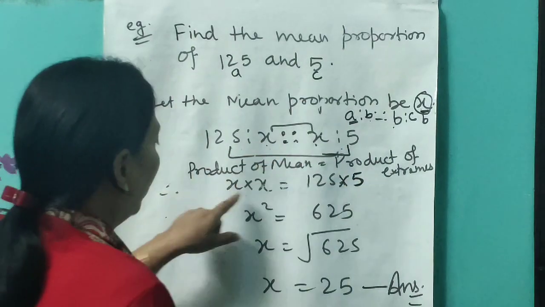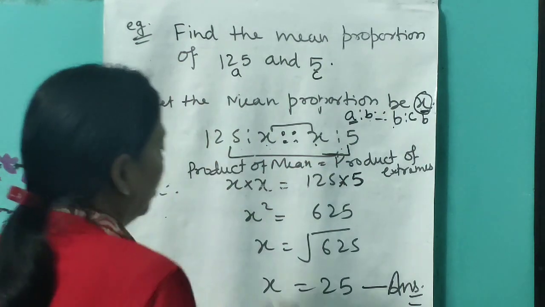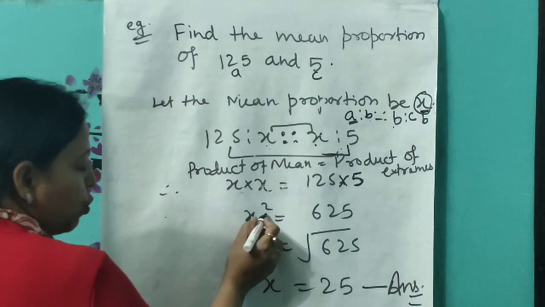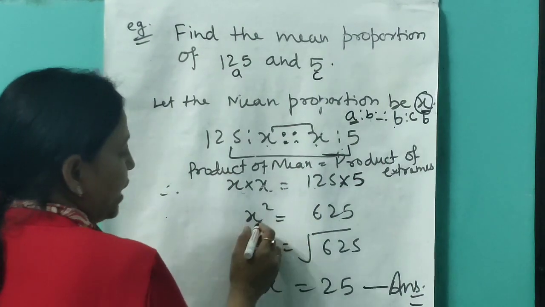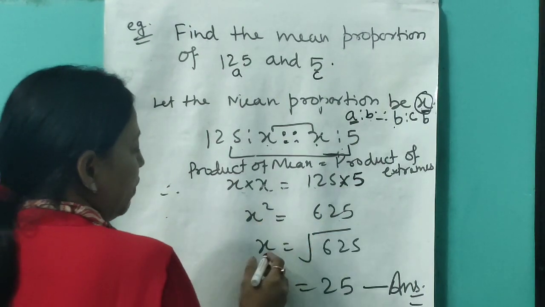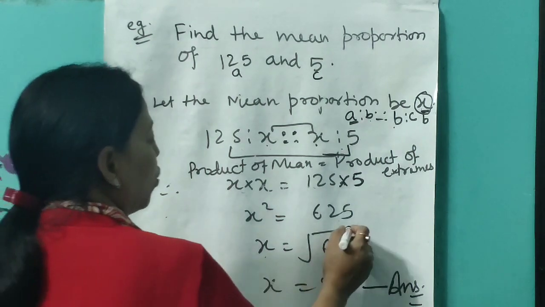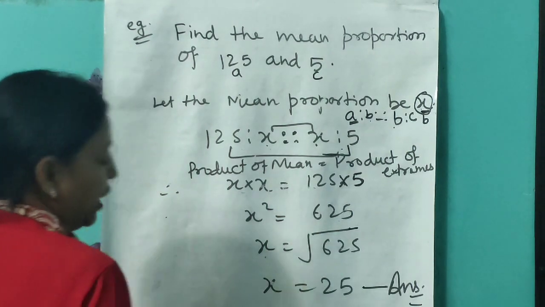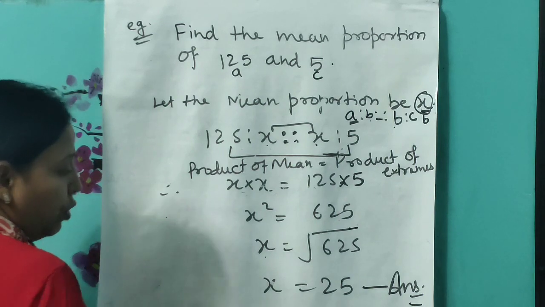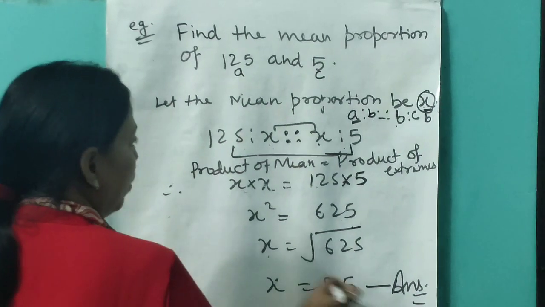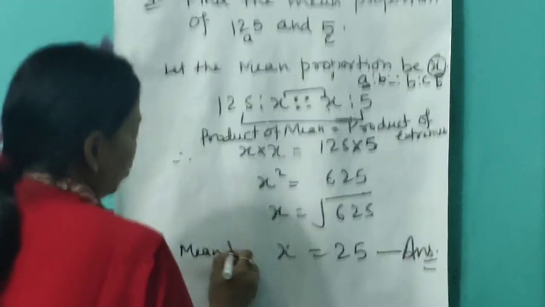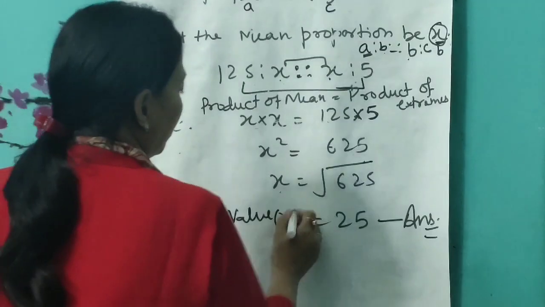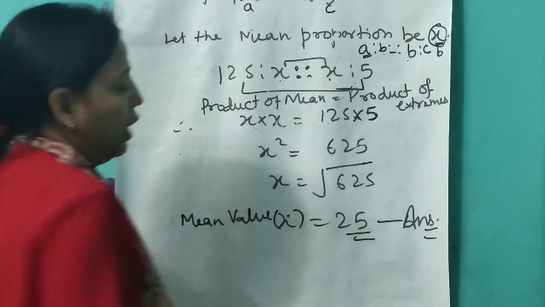The mean value and then the extreme value. Now x into x means x square and 125 into 5 means 625. x square is equal to 625, then x is equal to square root of 625, and square root of 625 is equal to 25. So this is your value. The mean value x is equal to 25. This is your answer.